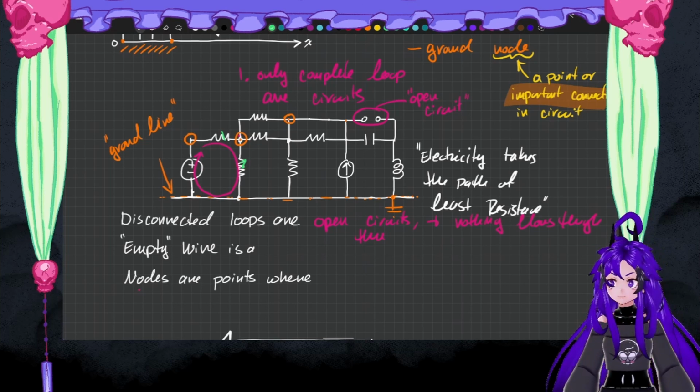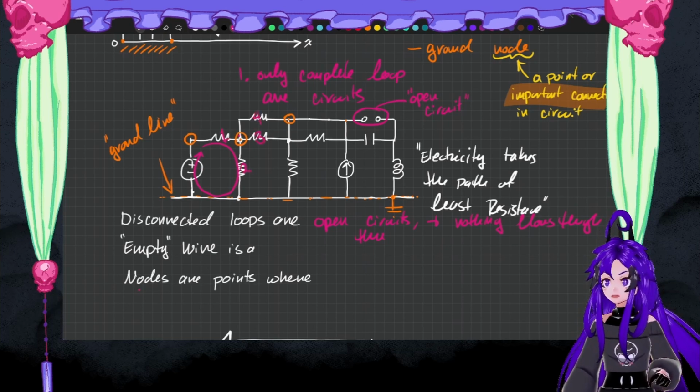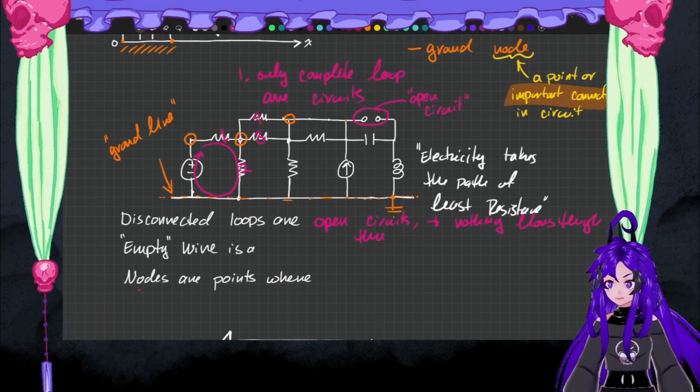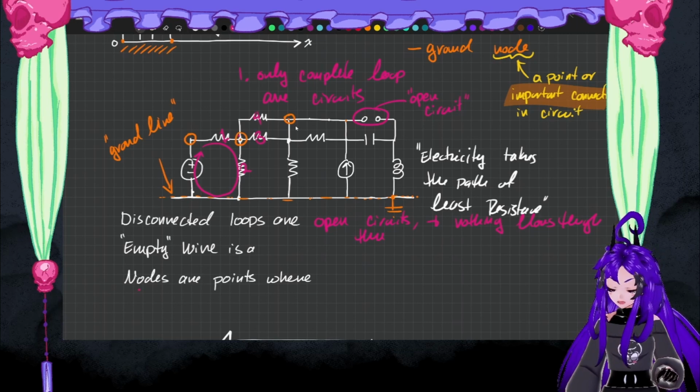We got 1, 2, 3, and 4. So there's at least 3 here, right? How about this one? We got 1, no device here, no device here. Okay, well, maybe this one is not a node.